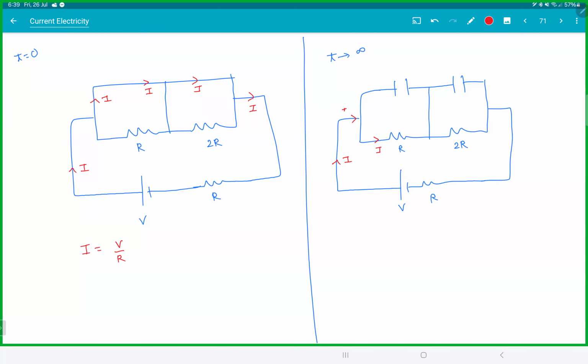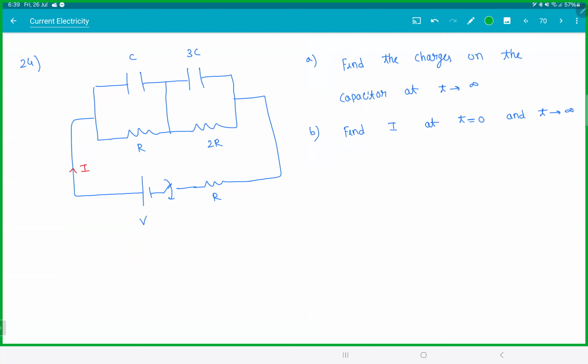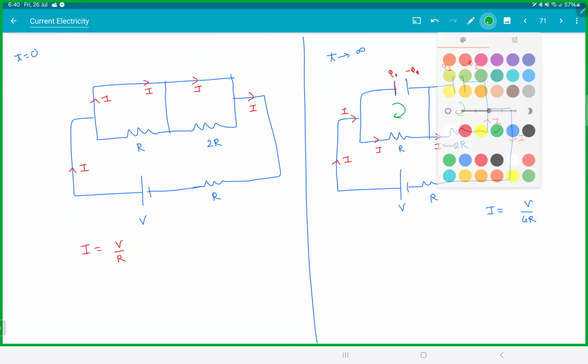current will flow only in this. This will have some charge Q, minus Q1. This will have Q2, minus Q2. So I would be V by 4R. Apply Kirchhoff's loop law in this, or you can say that C is parallel to that R. They should have same potential difference.